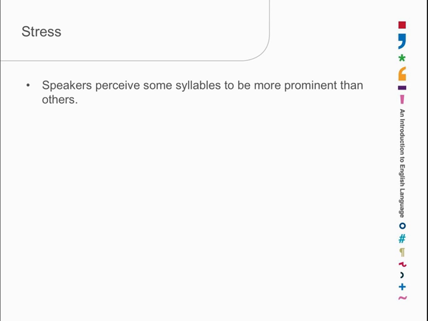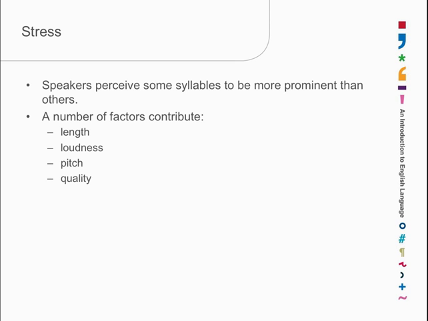We would think perhaps that it's because they're louder, and that's obviously a factor, but it's not the only one. For example, the length of the syllable has an effect on whether it's perceived as prominent. Certainly loudness has an effect. The pitch as well. Stressed syllables tend to have a slightly higher pitch than others, and the quality of the vowel has an effect.